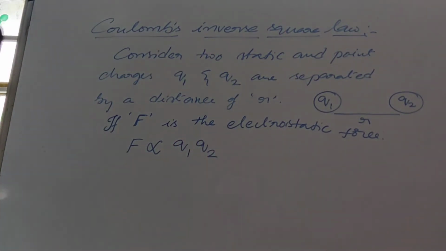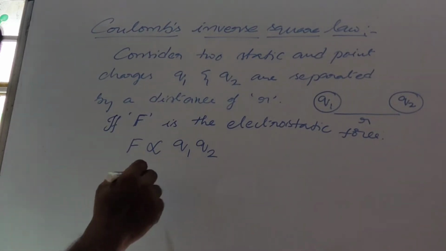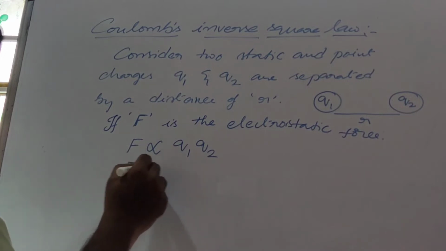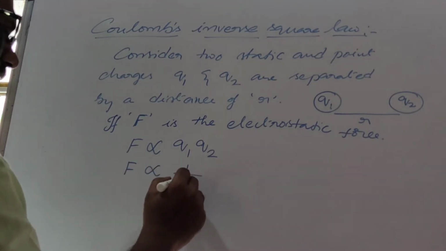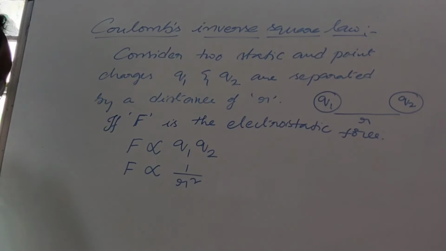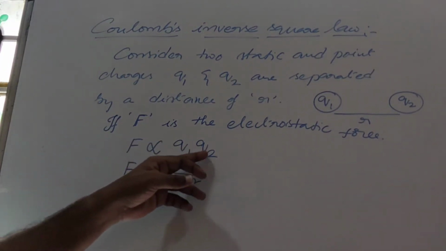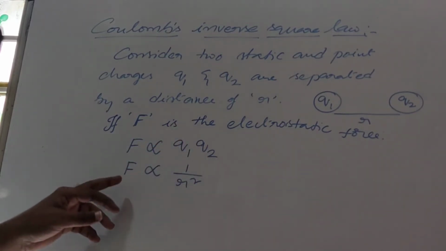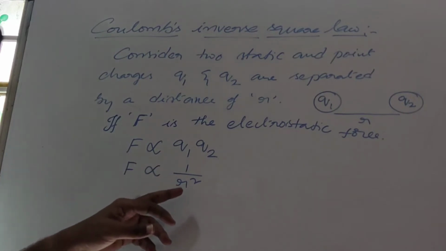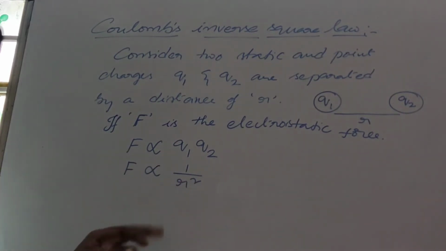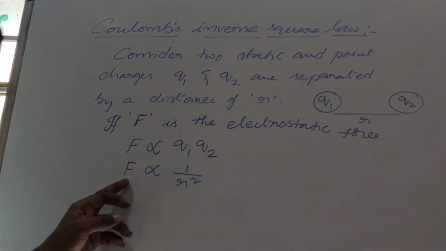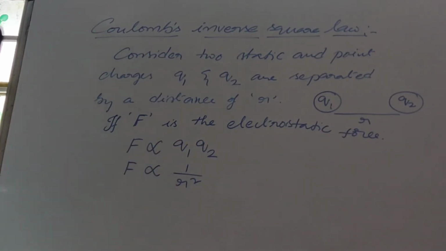And the second point is F is proportional to 1 by r square, the square of the distance between the two charges. Force is inversely proportional to the square of the distance between the two charges.